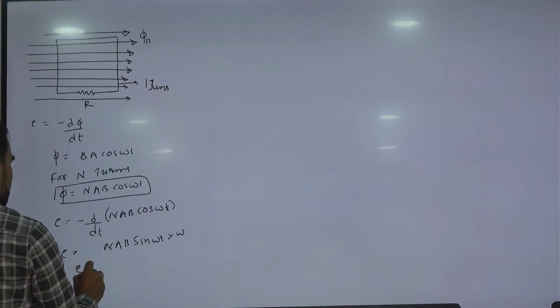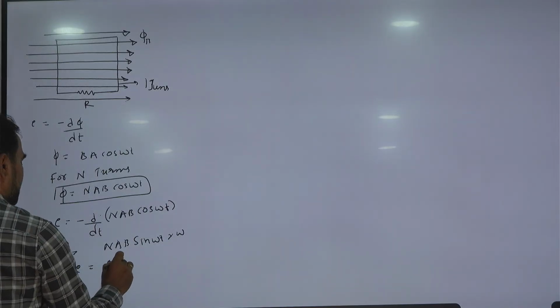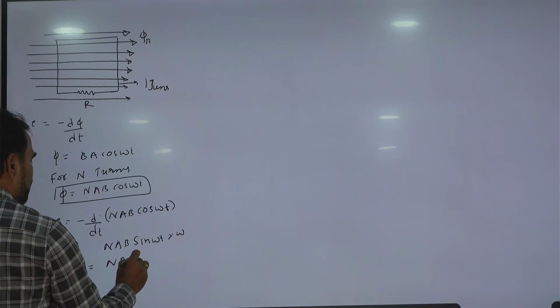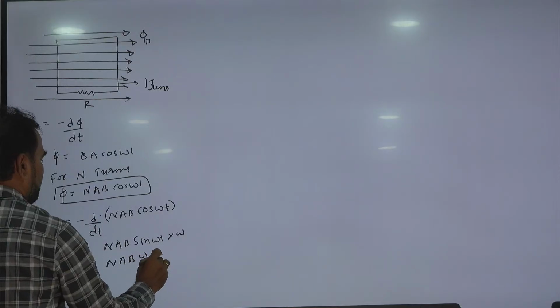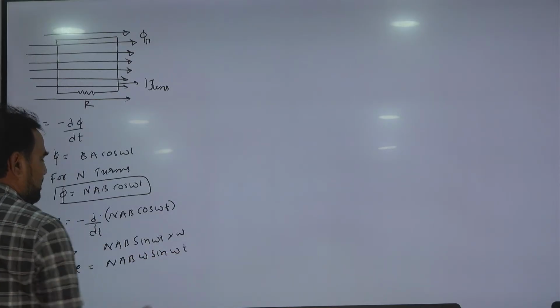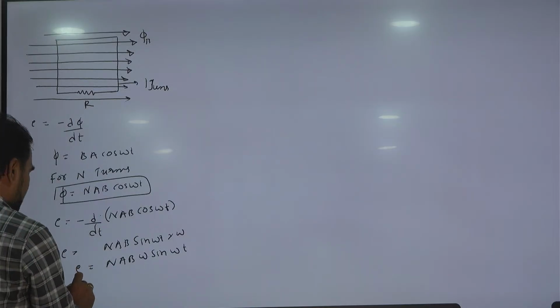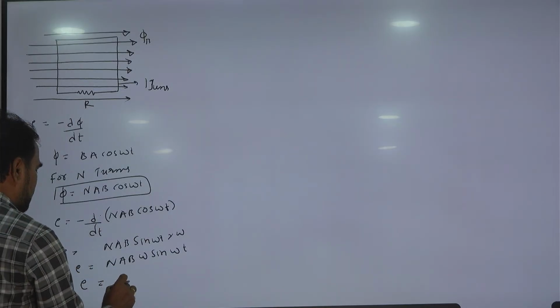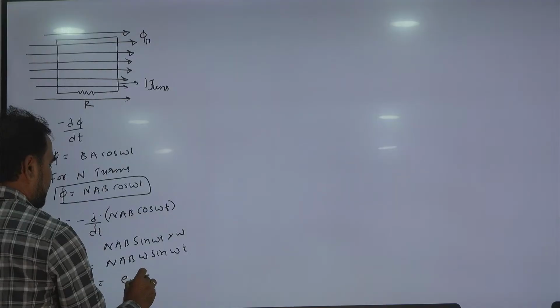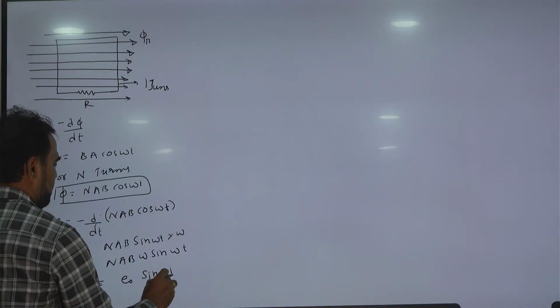The minus becomes positive, so E is equal to NAB omega sin of omega t. This is what I am writing. E is equal to E naught into sin of omega t.